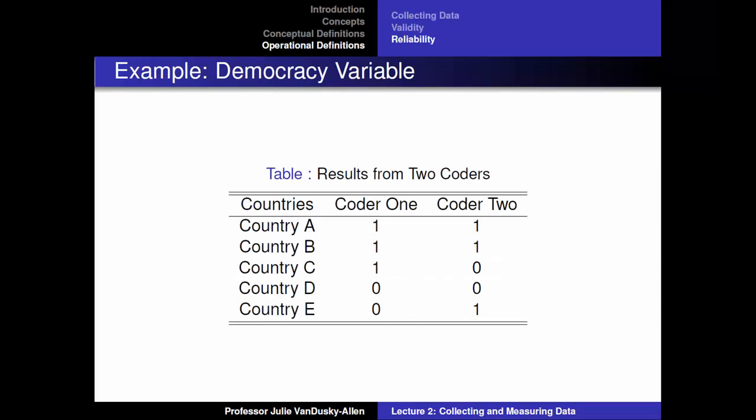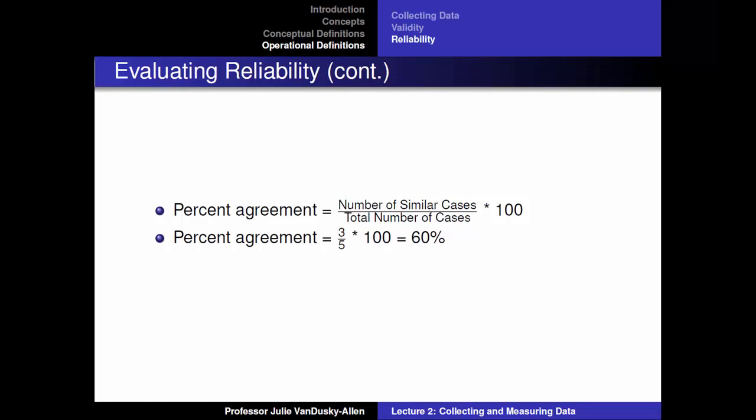So in this example, coders 1 and 2 agreed upon the coding for country A, country B, and country D. The percent agreement measure would be 3, the total cases agreed upon, divided by 5, the total number of cases, times 100, or 60%.